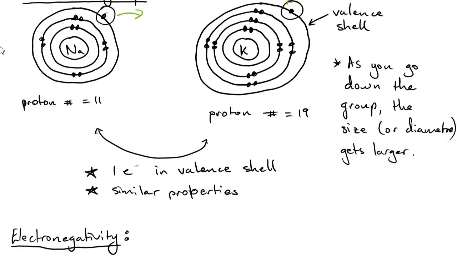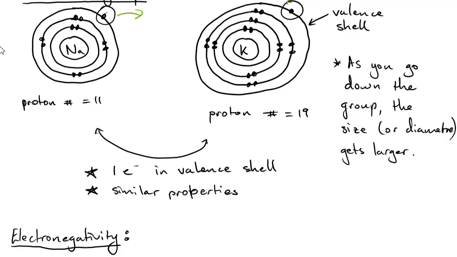Now it usually comes with a number. That number is usually found on the periodic table. But for this purpose I won't really get into that. I'll just talk more about electronegativity in respect to going down the group.